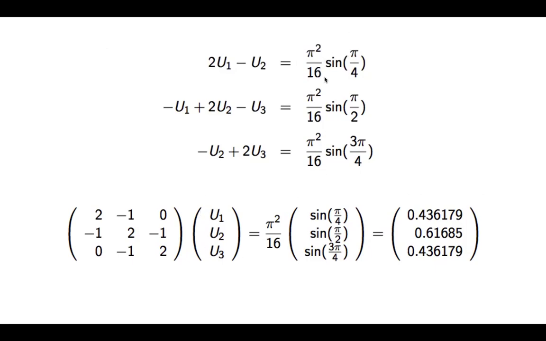Since π²/16 is there in all of them, let us take it outside: sin(π/4), sin(π/2), sin(3π/4). The columns are in the order of u1, u2, u3 coefficients, and the rows are equation 1, 2, 3. Equation 1: 2 is the coefficient of u1, minus 1 for u2, and there is no u3, so 0. Equation 2: minus 1, 2, minus 1. Equation 3: 0, minus 1, 2.